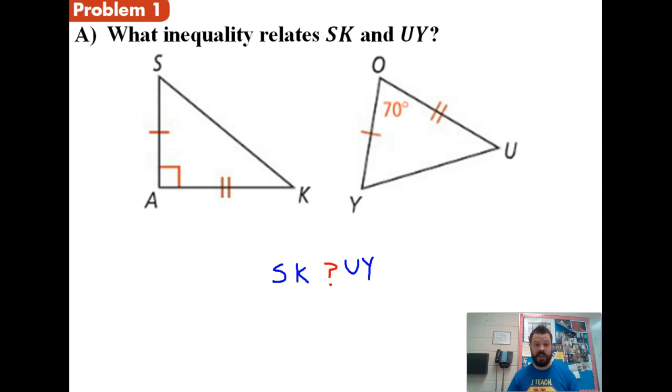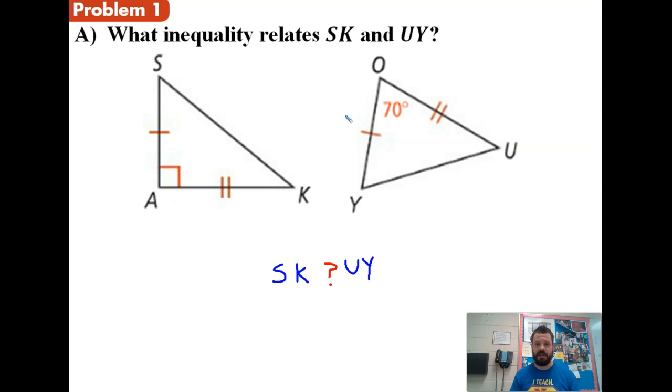To figure that out, like we said, we can use the hinge theorem, and it will work for this problem because I have two triangles with two sets of congruent sides. Segment AS is congruent to segment OY, and segment AK is congruent to segment OU. They're both marked congruent. And the angles included between the two congruent sides are not congruent.